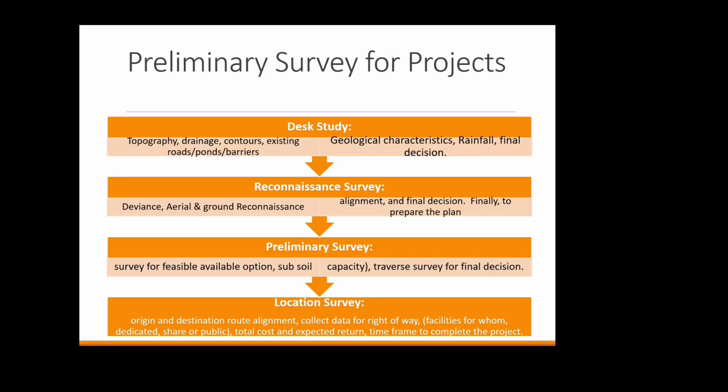For example, if we look into road or railway geometry, in the road we usually see the cross section, alignment, and what type of culverts or bridges we actually need. In simple terms, deviation is about seeing whether you can move your alignment according to the decision you have taken in the desk survey.